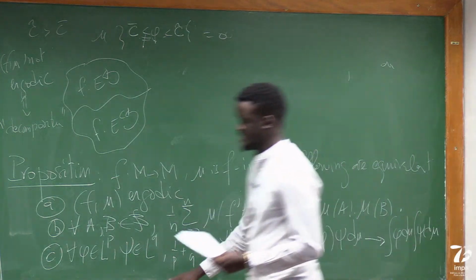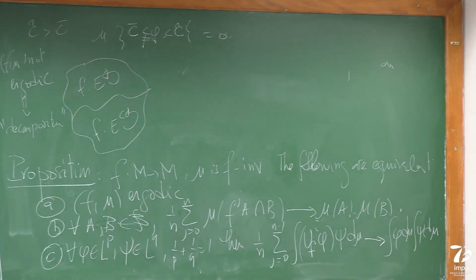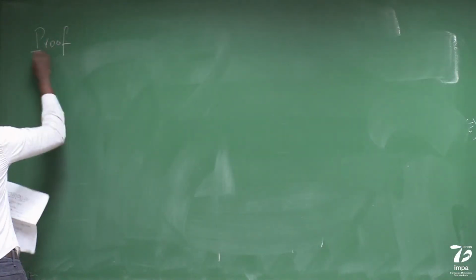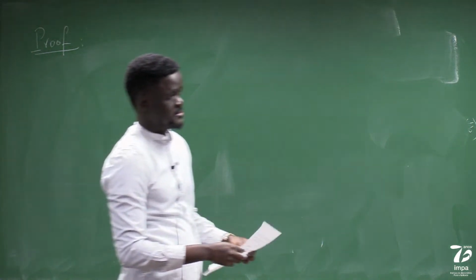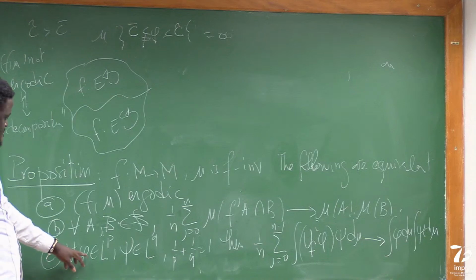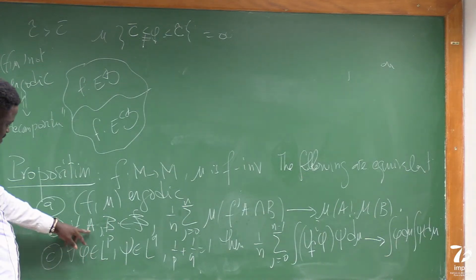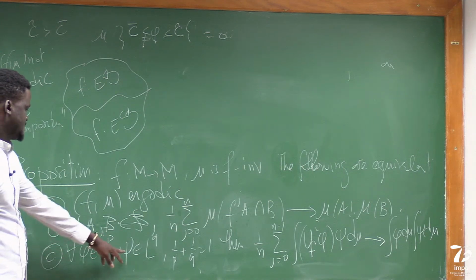So let's try to prove this. Proof. As I said, B is a specific example of C where you take phi and psi to be indicator functions.